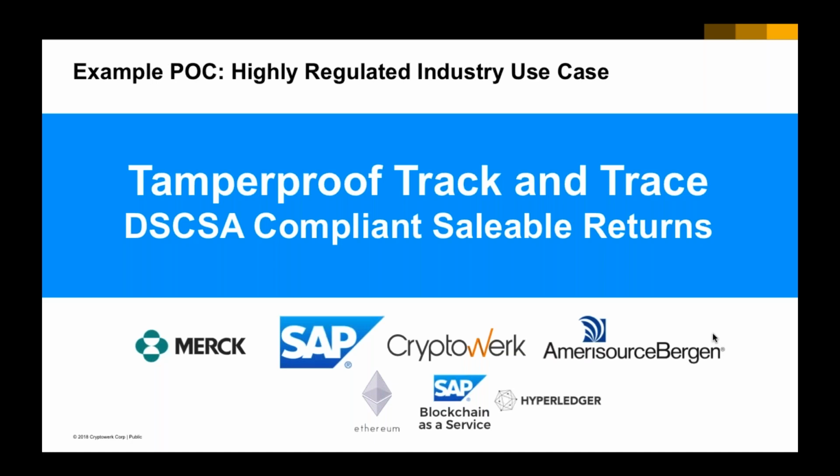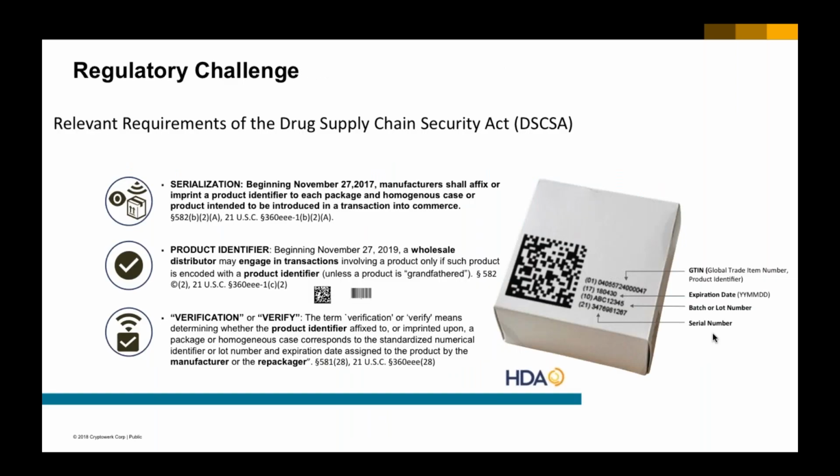So let me give you a really tangible use case, and that is tamper-proof track and trace, as I mentioned. And you may be familiar with the DSCSA regulation that is now in effect in the US.